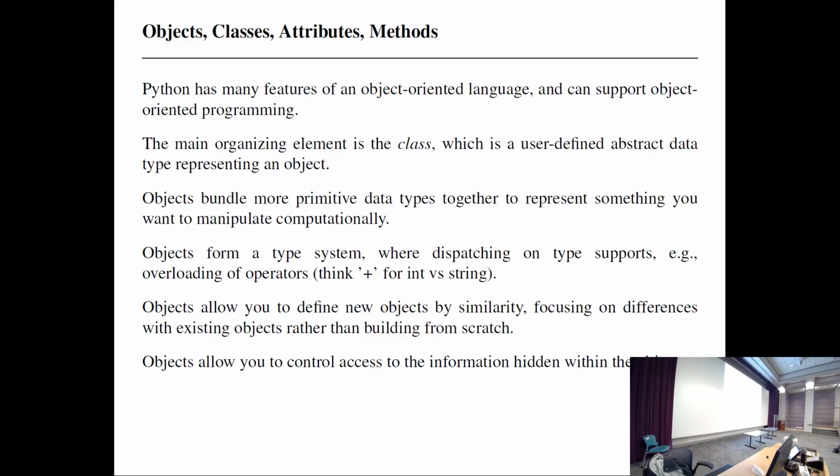So let's take an example. If I were writing a registrar system for the university, I would want to be talking about elements that are students. And every student is really a complicated data structure. They have a student ID number, which is an integer. They have a first name, which is a string. They have a last name, which is a string. They may have whether they're state residents or not, which is a Boolean for tuition assessment.